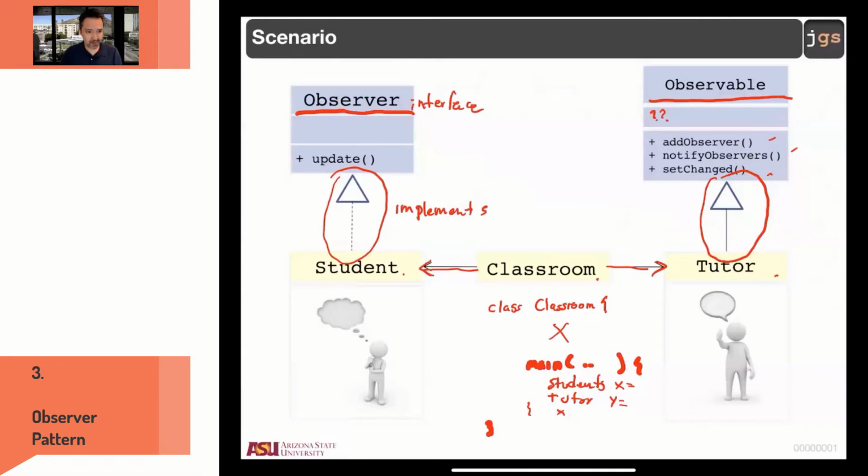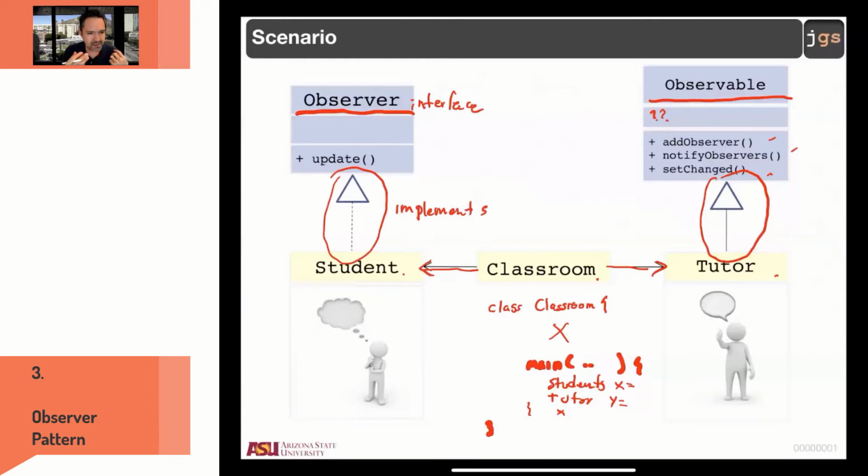That class has these attributes, the linked list of observers, and therefore provides these methods: add and remove. In the original template, you call those methods attach and detach. Java used different names: addObserver, removeObserver.